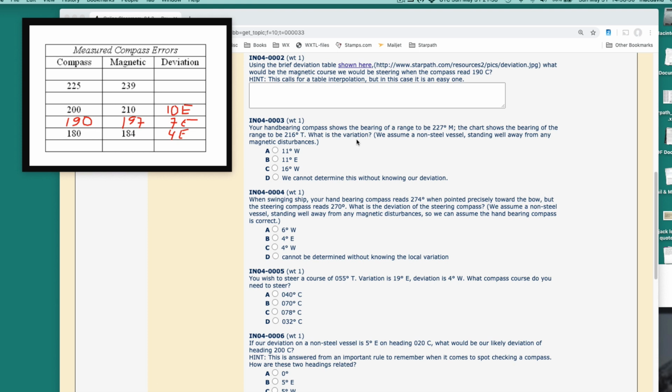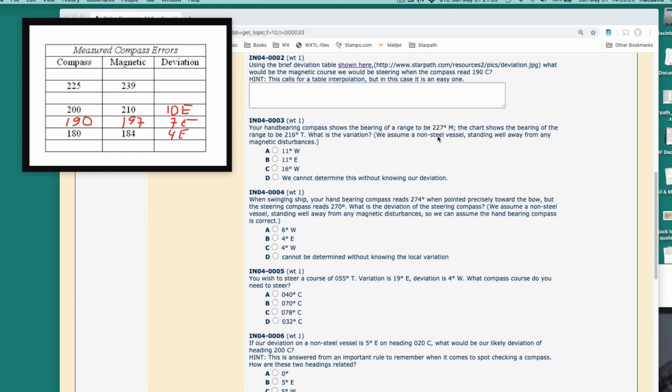Well, I'm not adding 11 to this. That would be 238 or something. I am subtracting 11. So if it's correcting, add east, and what I have to do is subtract, then it's got to be west. So that one phrase, correcting, add east, should in principle solve all of our problems.